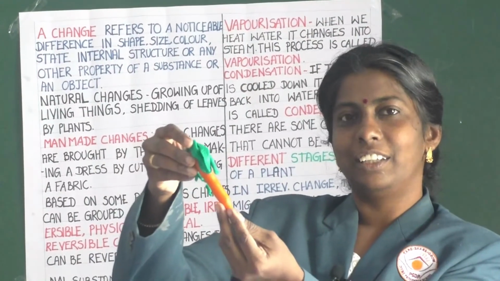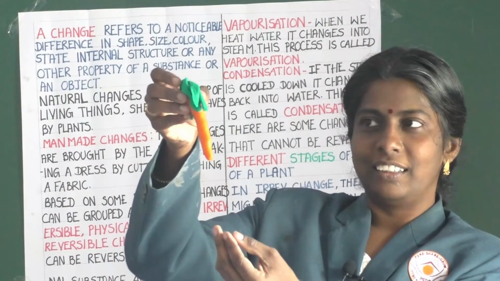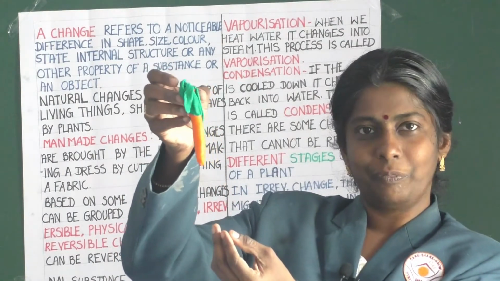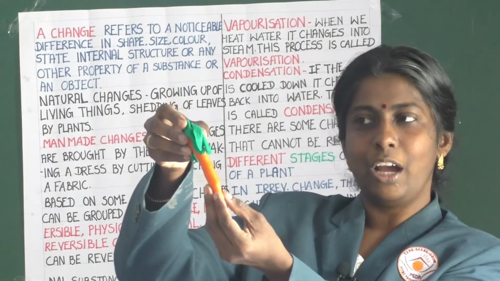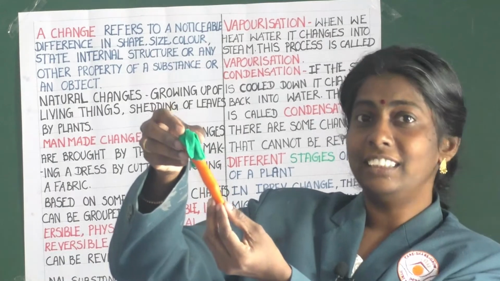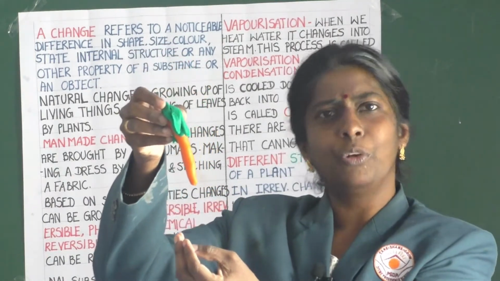Now you can see the carrot model made by clay, isn't it? So, now we can change the shape of clay like this carrot or any other fruit or vegetable.